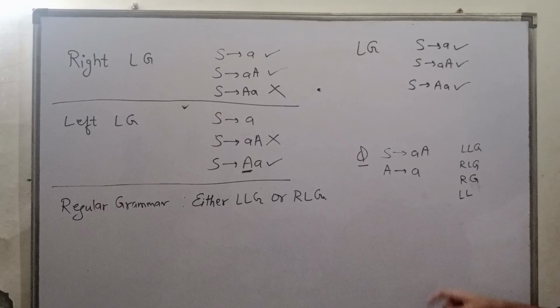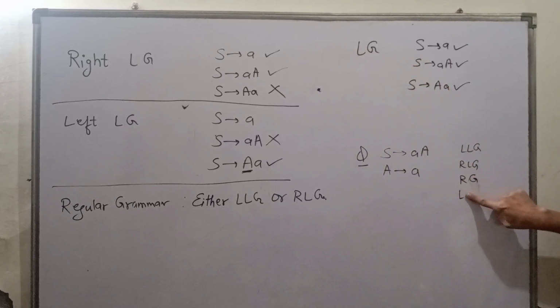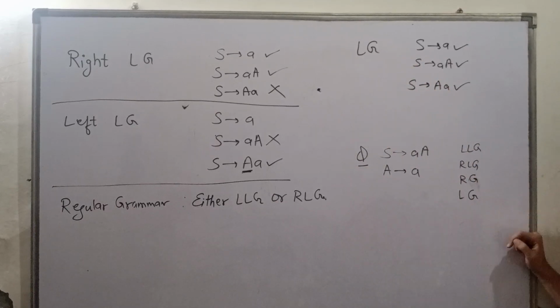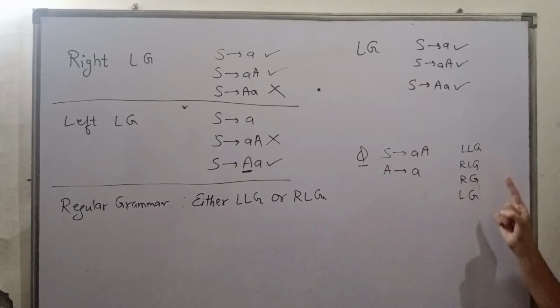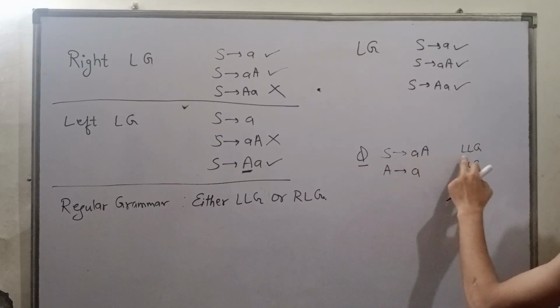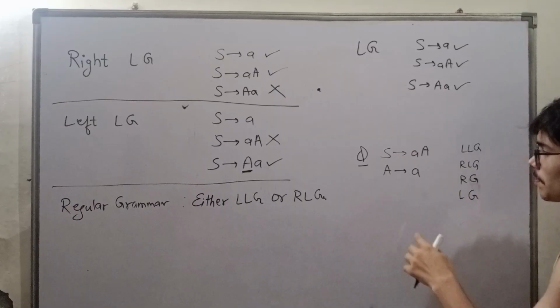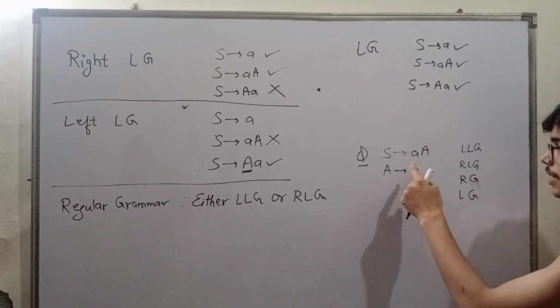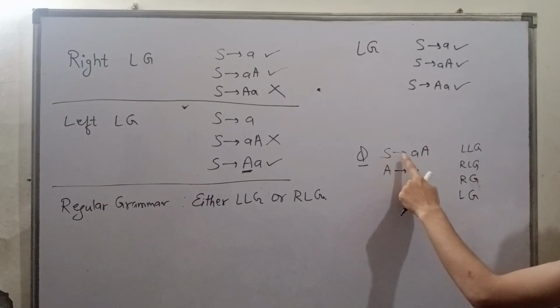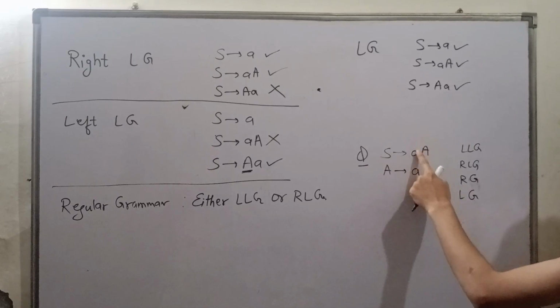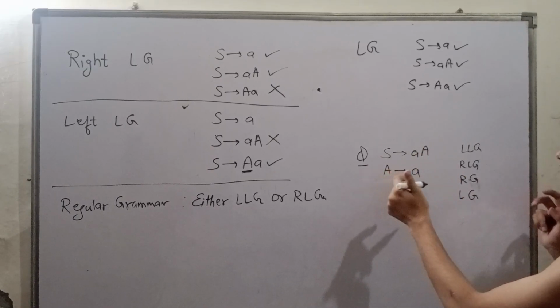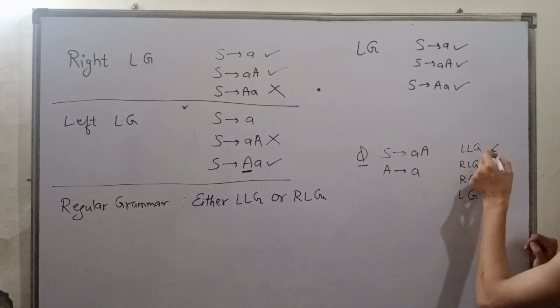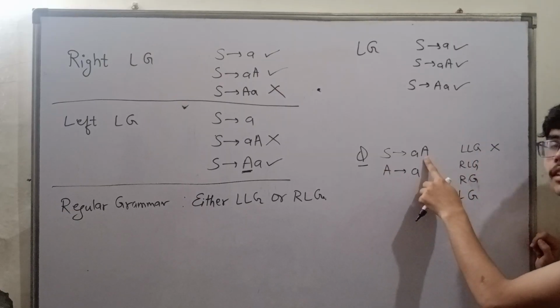How do you analyze? First of all, you analyze left linear grammar. You can analyze in any order, this is not compulsory. So here the variable is present on the right hand side, so this is not left linear grammar because it is present on the right hand side.